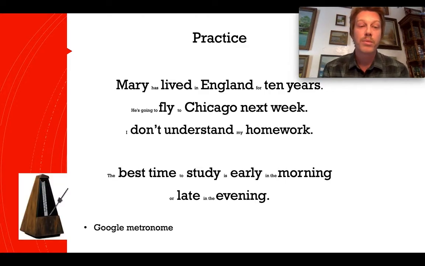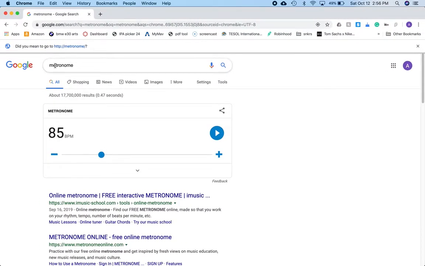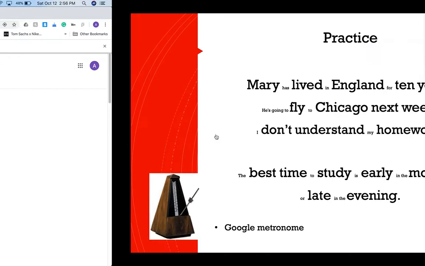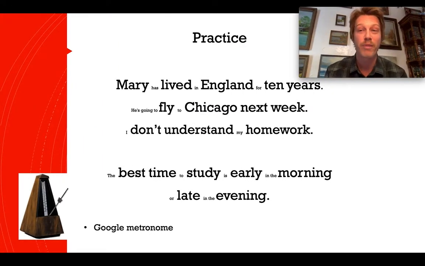Let's do some practice. We're going to use a metronome. If you play an instrument like the piano or the drums, then maybe you've used one before. But you can go into Google, right, and just Google metronome. I'm going to set this to 85 beats per minute and click play. And now you hear we have a little bit of rhythm.